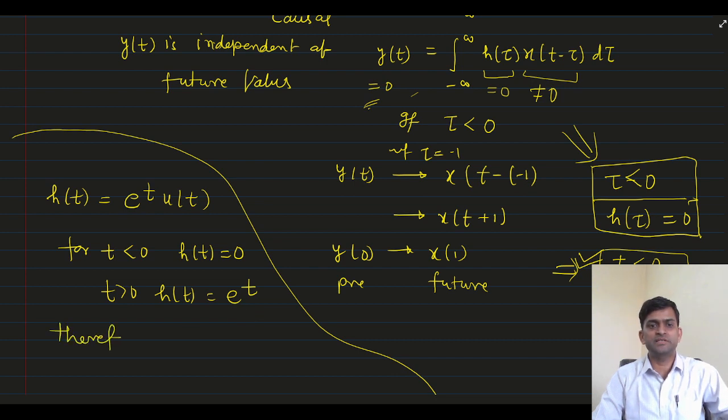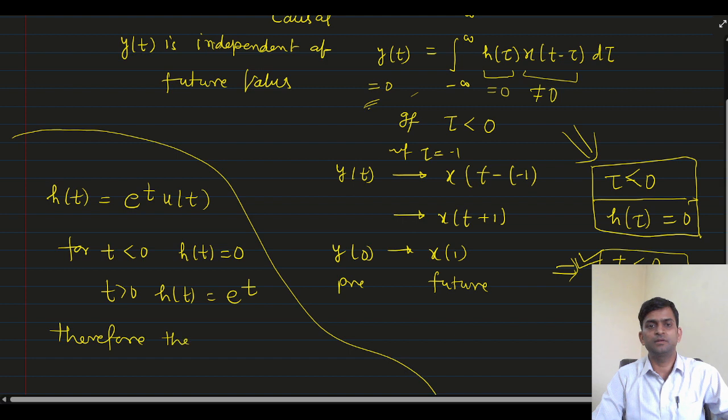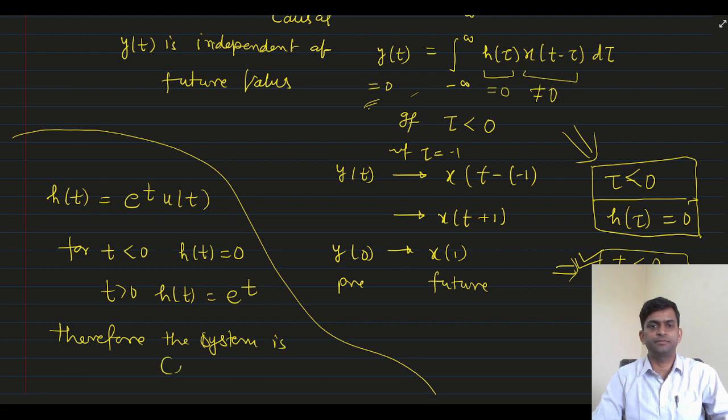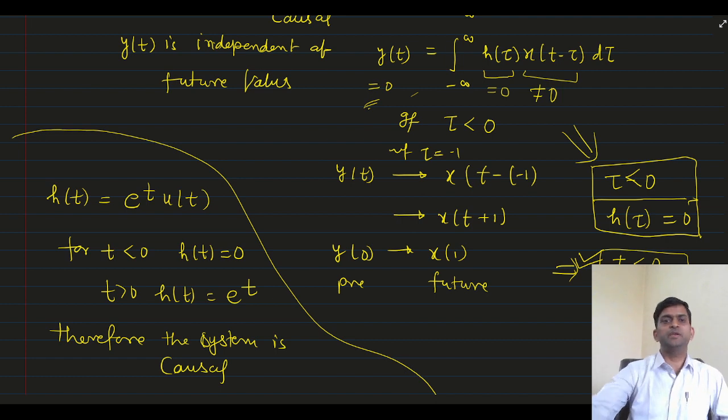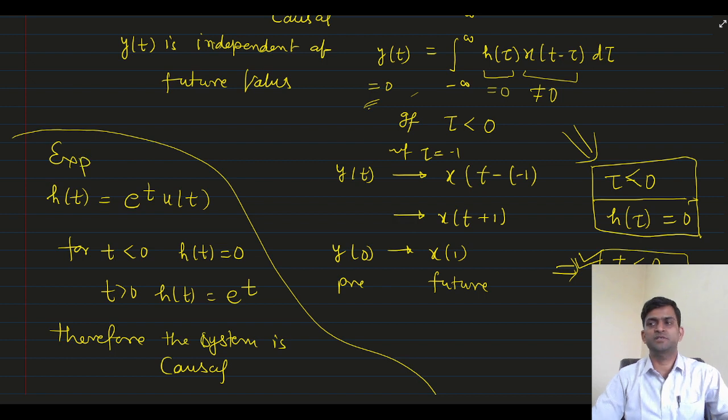Therefore this system is a causal system. This is one example of a causal system. If I have h of t equal to u of t, that is also causal.